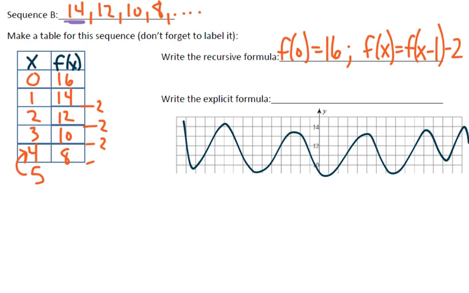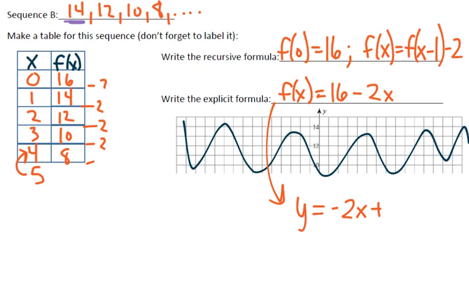So to write the explicit, I go f of x equals, okay, we start at 16, right? We start at the 0, and we're subtracting 2 each time. So 16 minus 2x, which once again I can rewrite as y equals negative 2x plus 16, or as f of x equals negative 2x plus 16.